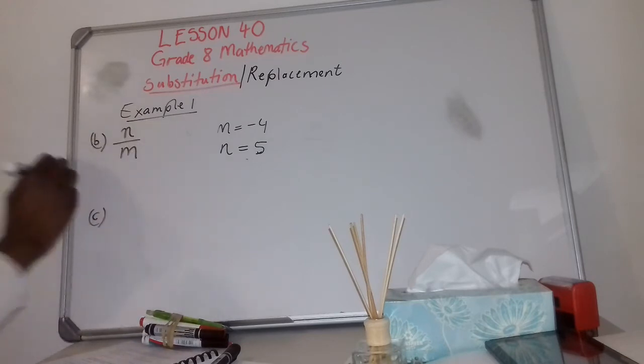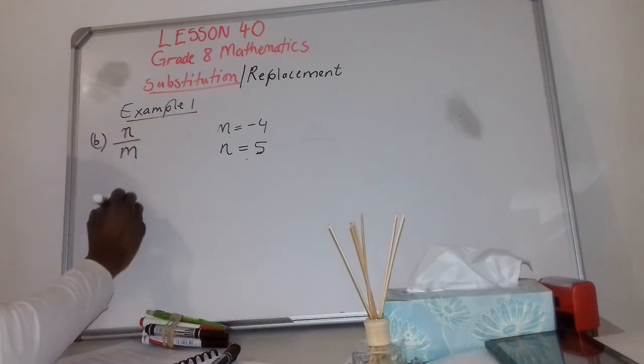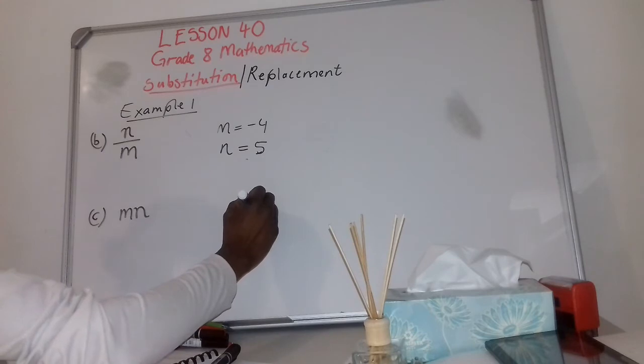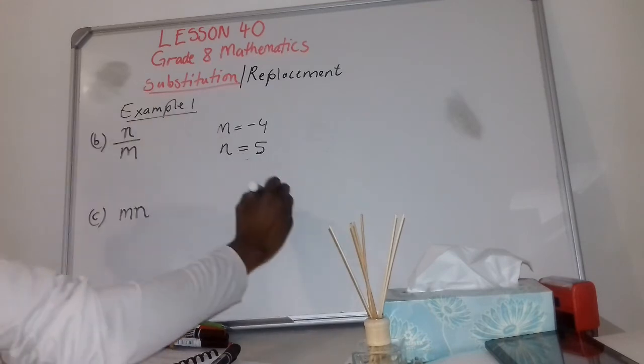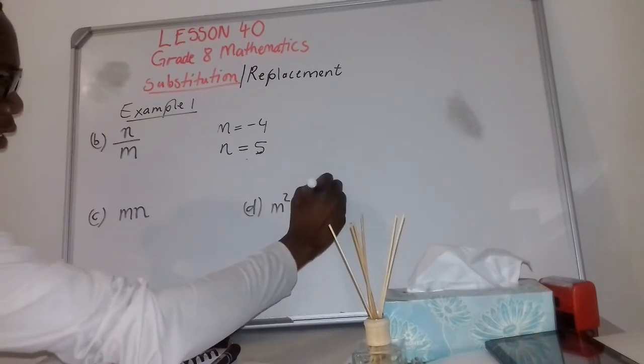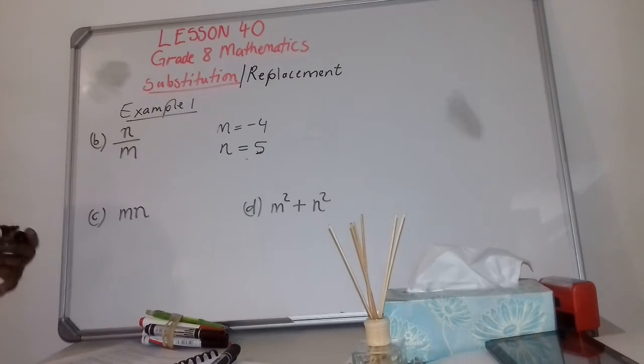At C, you are given m times n, and let's have D here, and D will be m squared plus n squared. So let's start with this one.